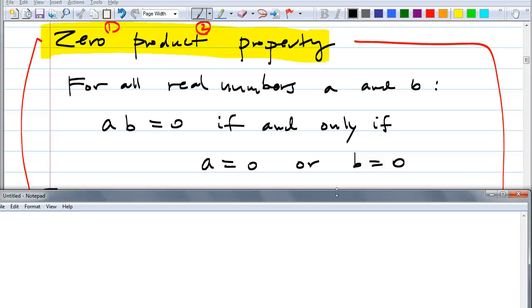It's saying that if you have an equation that equals 0, but not any equation, you have to have a product. If a product equals 0, each of those factors must be 0. There's no other way for the whole thing to be 0, right? So we're going to use this simple fact to solve these equations that are not linear. Okay, so write this down.